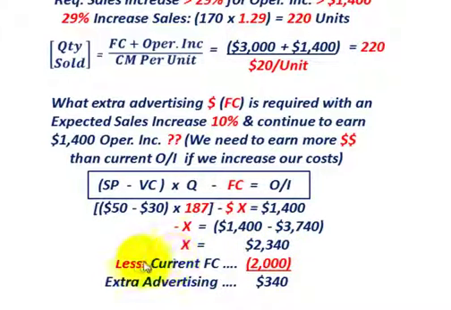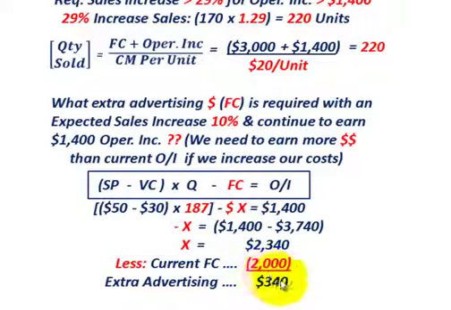Now we have to subtract out what our current fixed cost amount would be. That was that $2,000. So the difference is going to give us the extra advertising that we can actually spend to equate our current operating income with that extra advertising cost, and it is only $340.